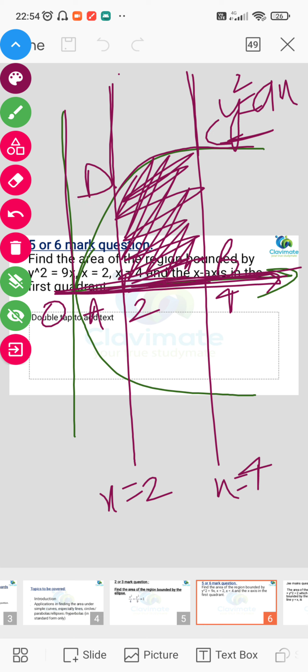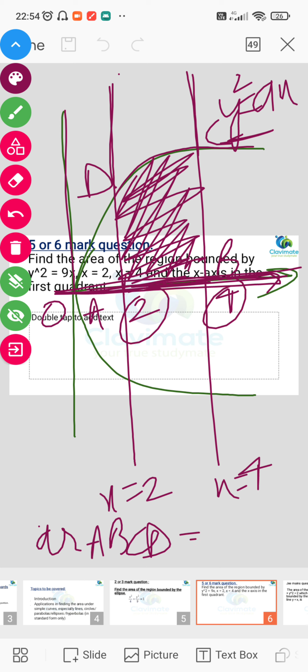Okay, let's start solving this. What will be the area of the shaded region? I can write it as the area of ABCD, which is equal to the integral from 2 to 4 of y dx. Let us find the value of y.